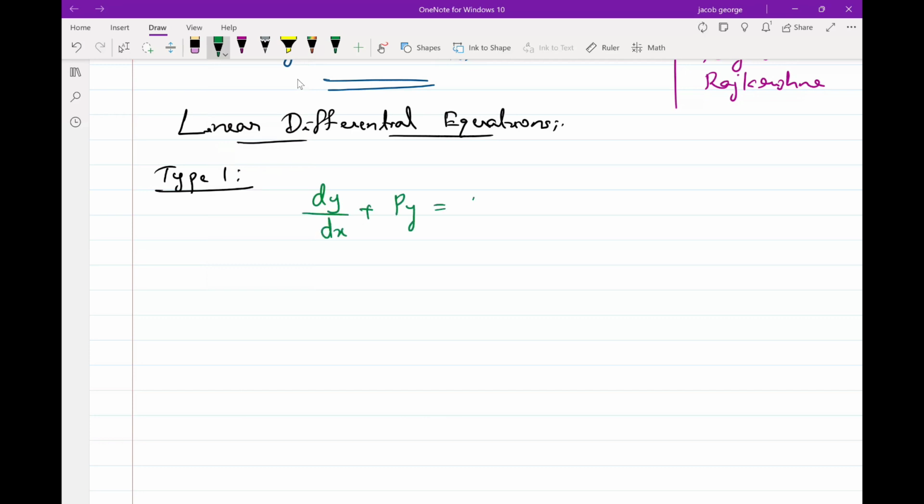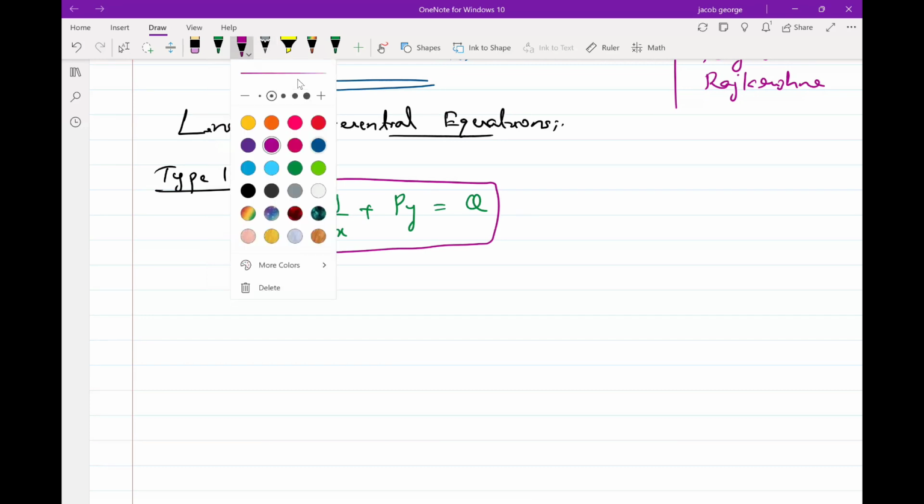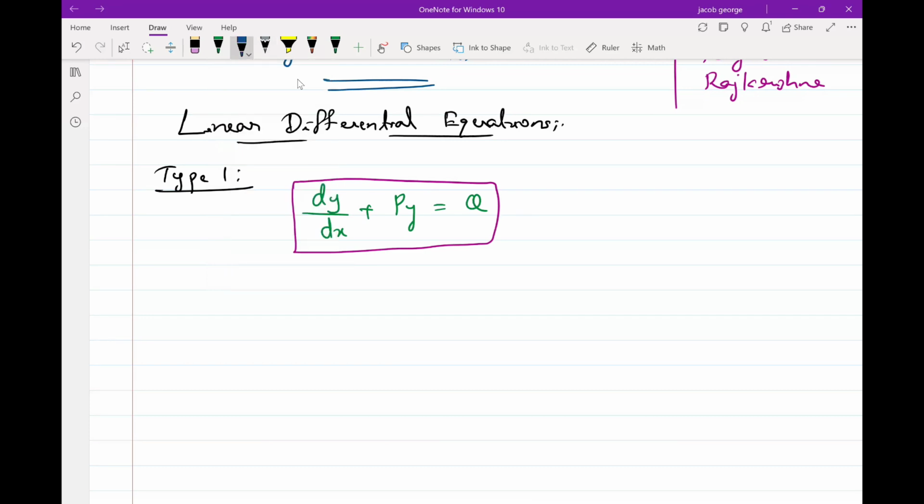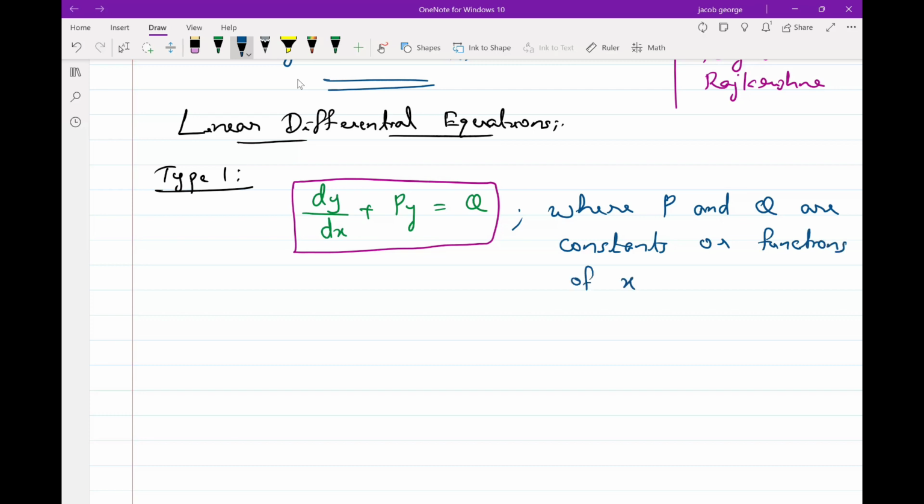This is the type number one form, where p and q are constants or functions of x. It is very easy to identify. These equations are first order and first degree.